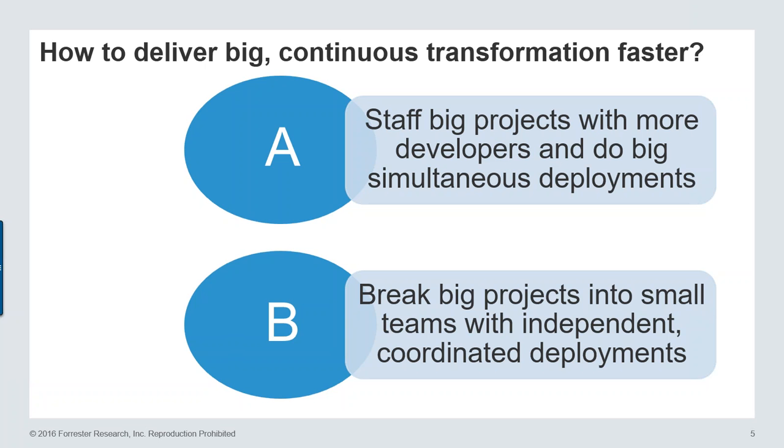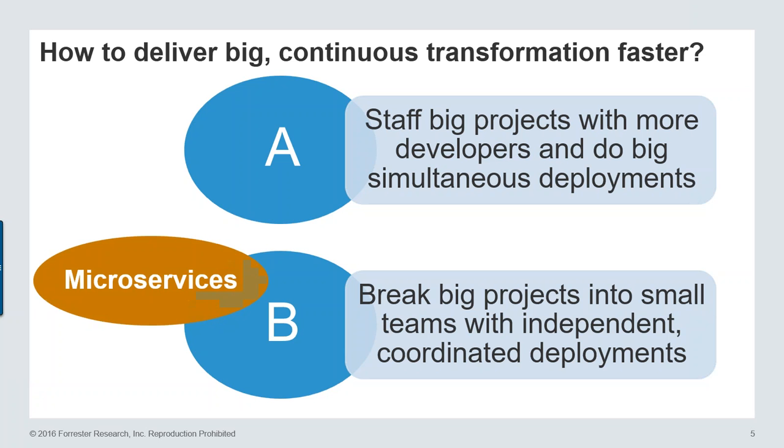Option A, get big projects with more people so that you can do more simultaneous big things and more big simultaneous deployments. Or you can be more effective if you break that big project into small, independent teams with coordinated deployments. Okay, so I'm singing to the choir here. Of course, it's B, but that just screams out microservices.